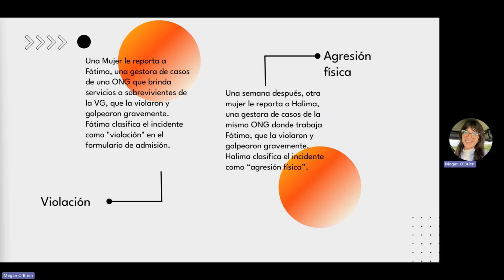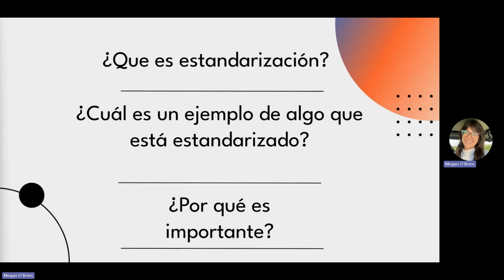A week later, a different woman reports being raped and badly beaten to a different caseworker. That caseworker works for the same NGO as the first caseworker, but this new caseworker classifies the incident as physical assault. Because there's no standardization in that process, we're getting irregularity.